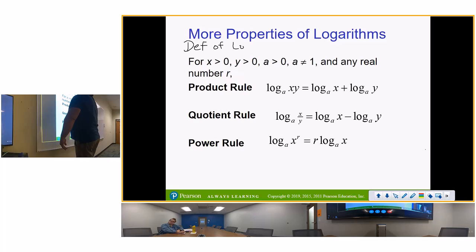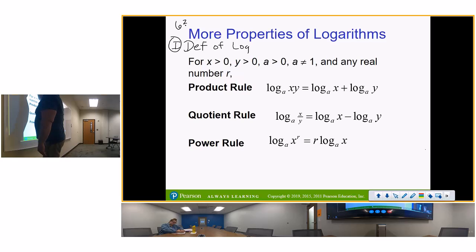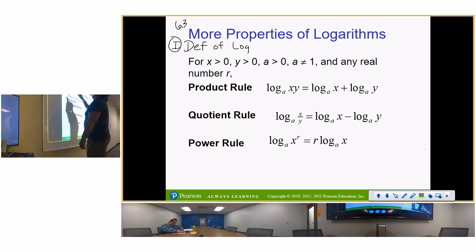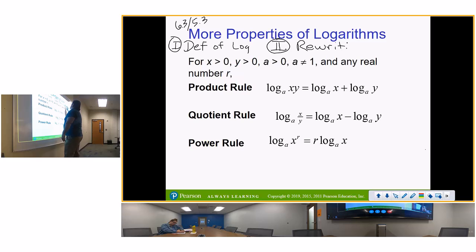Definition of a logarithm. That's the first part of 6.3. The second part in 5.3, I think it's 5.3 and 109. The second part of 5.3 and 6.3 is rewriting using these three.